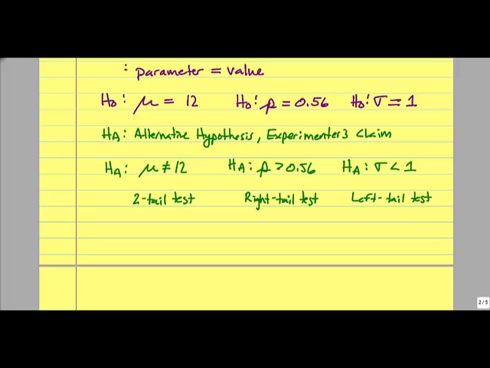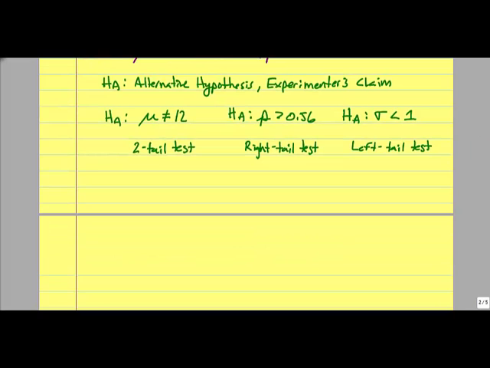So when you write a null and an alternative hypothesis, typically they're written together. So for instance, I might have something like H0, population proportion equals 0.29 versus the alternative, this is VS meaning versus, where I think that my population proportion is actually less than 0.29.